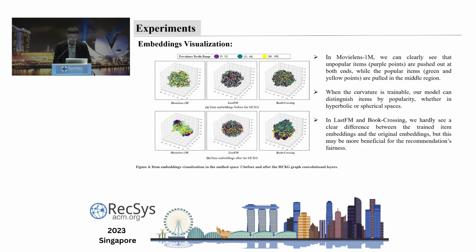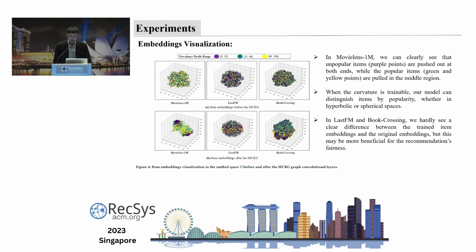Finally, we conducted interesting embedding visualization experiments. In the accompanying picture, nodes of different colors represent popular and unpopular atoms. It is evident that after joint spatial aggregation, there have been some interesting changes in entity representation.